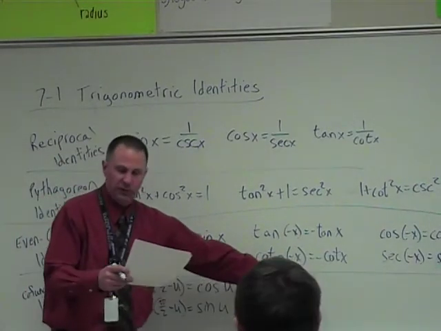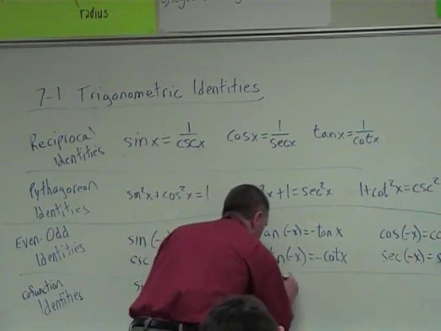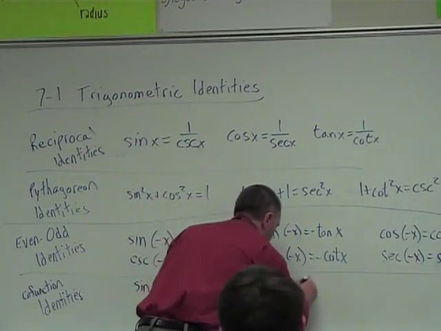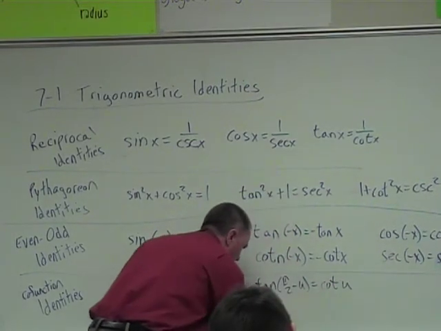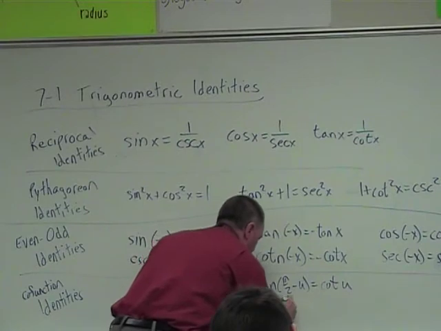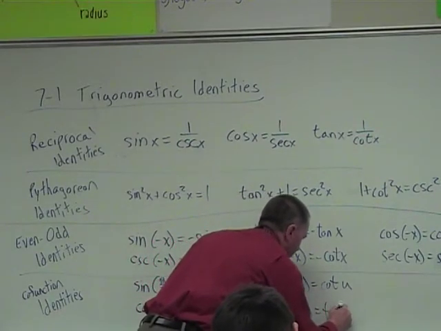And you can write the rest of this if you want. Tangent and cotangent. All right, well, I'll just do it. Tangent of pi over 2 minus u equals cotangent of u. Cotangent of pi over 2 minus u is the tangent of u.